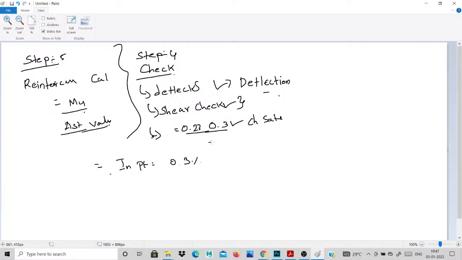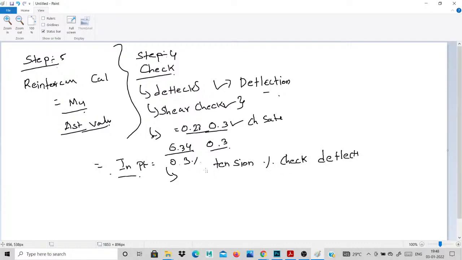But sometimes my assumption value is 0.3 and my actual value is 0.34, so you have to redesign it. This is the main thing for your deflection check, and the first check is the tension percentage check.